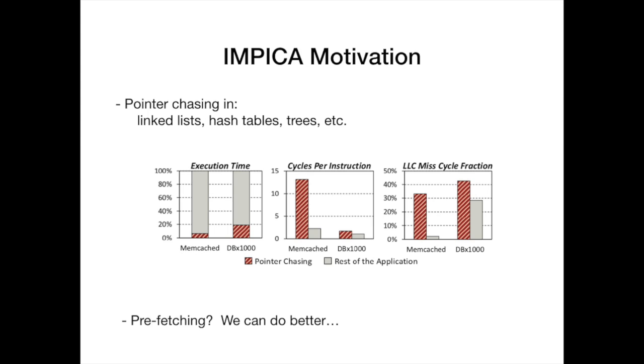To motivate the need for a pointer chasing accelerator, we can look at all of the different cases where there is serial traversal of links. This includes linked lists, file systems, routing tables, hash tables, B or B plus trees, to name a few.